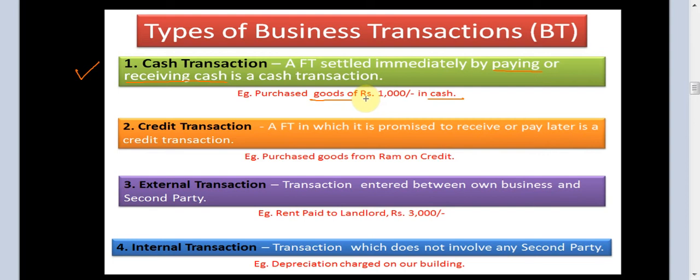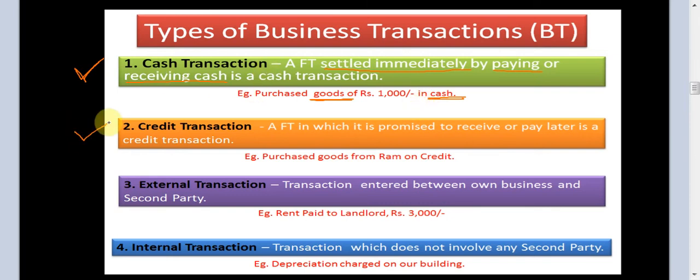So a cash transaction is settled immediately because of payment or receiving of cash, and no need to remember the name of parties, because even if it was said that purchase goods of rupees 1000 in cash from Ram, I would not have remembered the name of Ram for recording in my books of accounts, because what has come in is goods and what has gone out is cash. So no need to remember the party's name. That is your cash transaction.